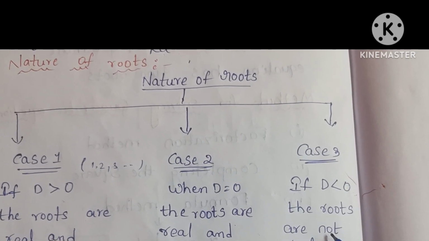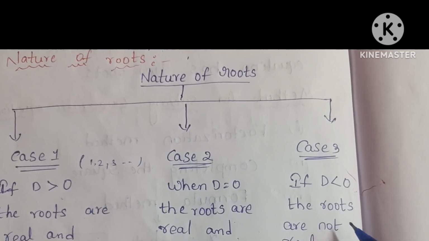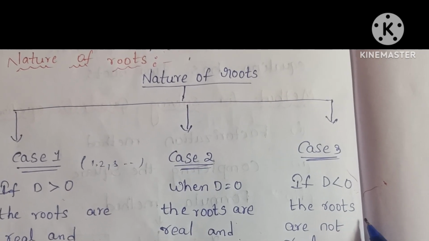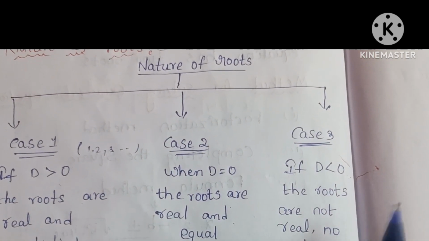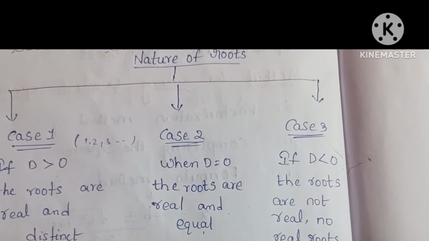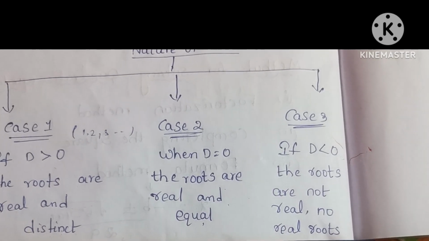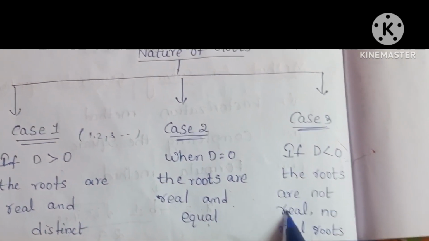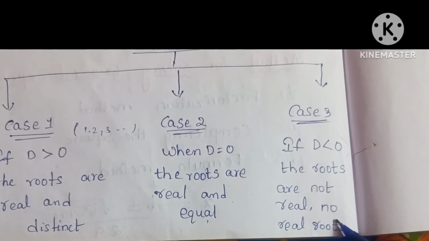Yes or no? If you get a negative value inside the root, then the value is undefined. Undefined means what will the roots be? If D is less than 0, then there are no real roots.